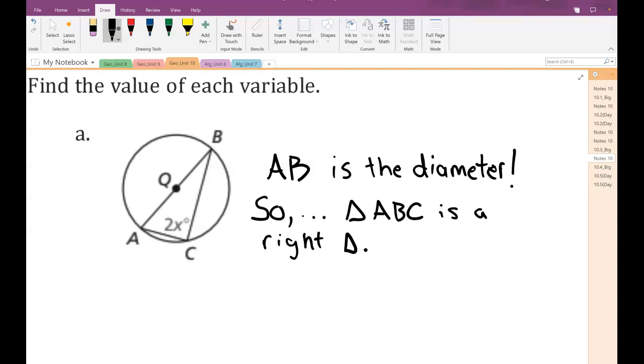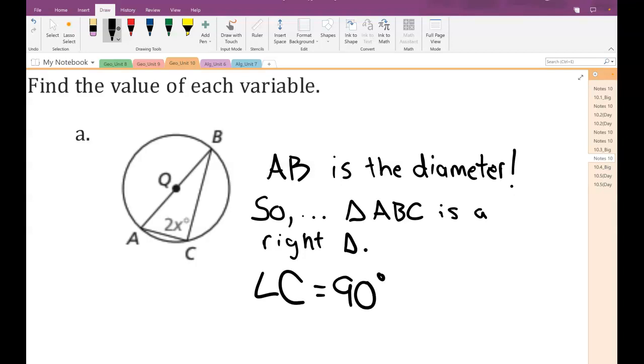Because if it's a right triangle, then the angle opposite our diameter AB, go across, just like we did with sine, cosine, and tangent, the angle opposite the hypotenuse is always your right angle. So angle C has to equal 90 degrees. That's our conclusion. Angle C is equal to 90 degrees.